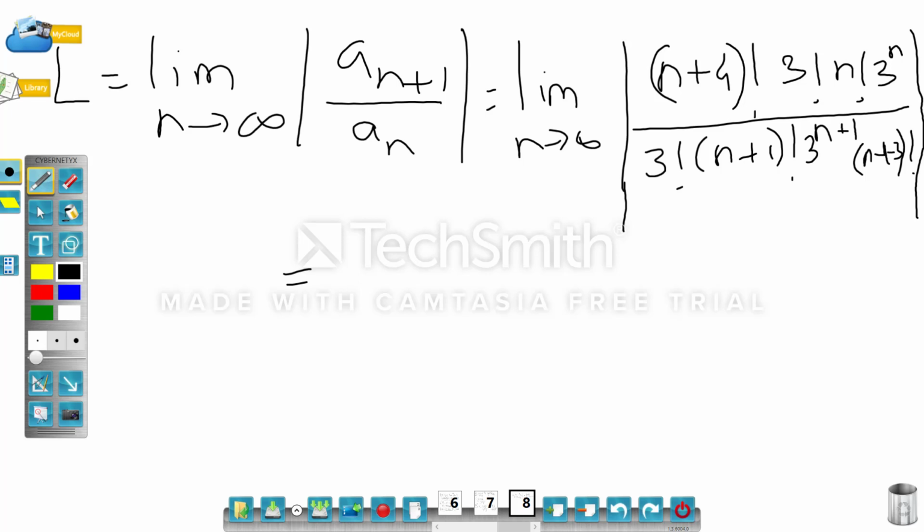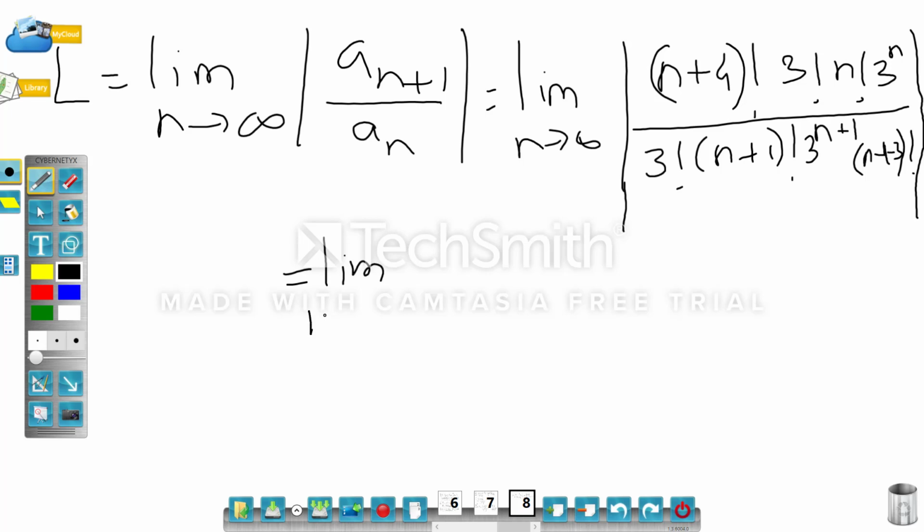There is a nice rule of factorial. n factorial is the same as n into (n minus 1) factorial. So (n plus 4) factorial is equal to (n plus 4) into (n plus 3) factorial. So (n plus 3) factorial in the numerator and in the denominator will get cancelled.